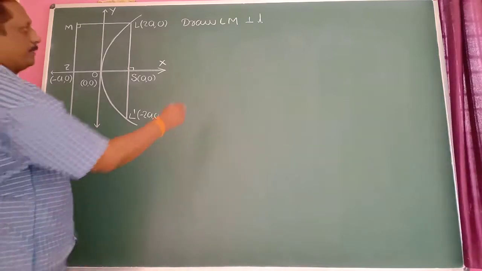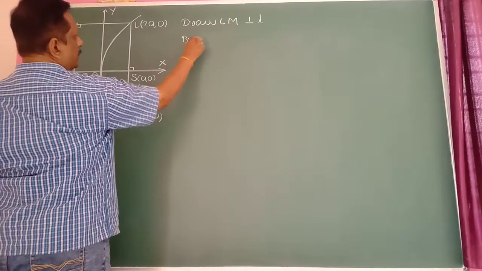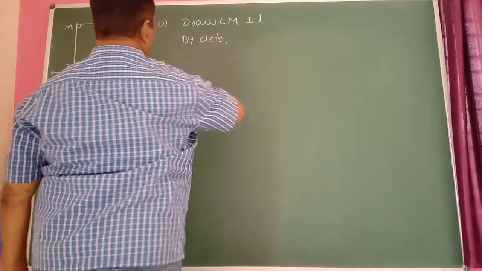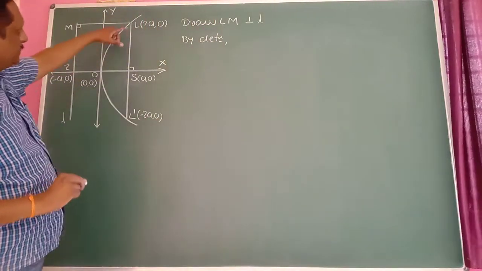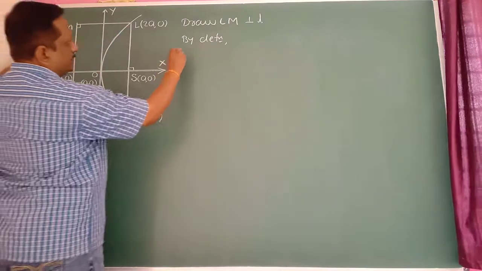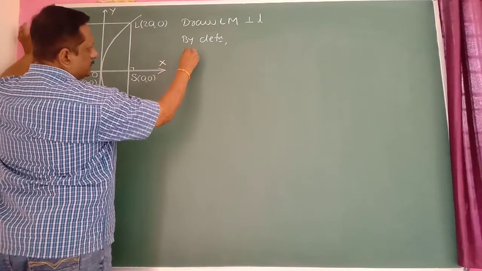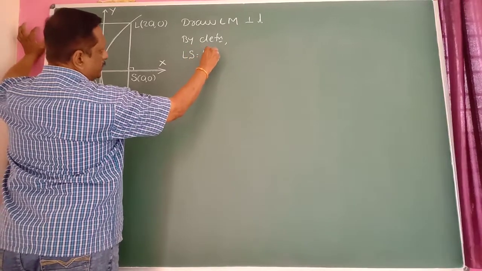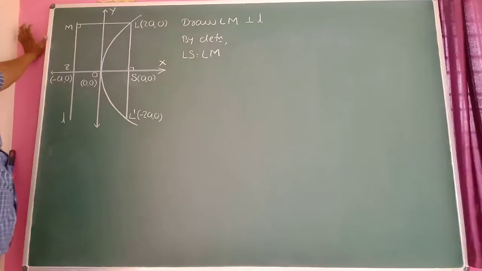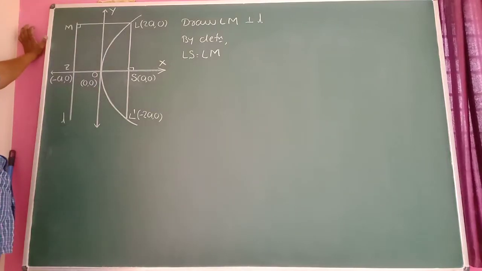By the definition of a parabola, LS must be equal to LM. Both are equal; this distance as well as this distance are equal by the definition of a parabola.